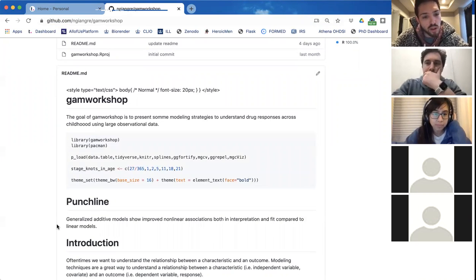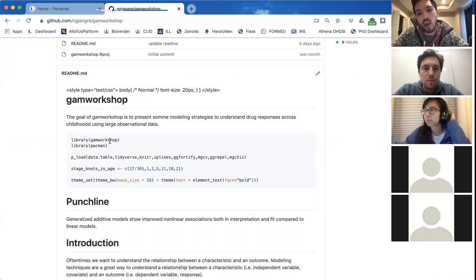So I'm in a library called Cam Workshop, and it really just houses data. So R packages can provide just code, both code with some data, or they can be primarily for storing data, and that's what I'm using it for.